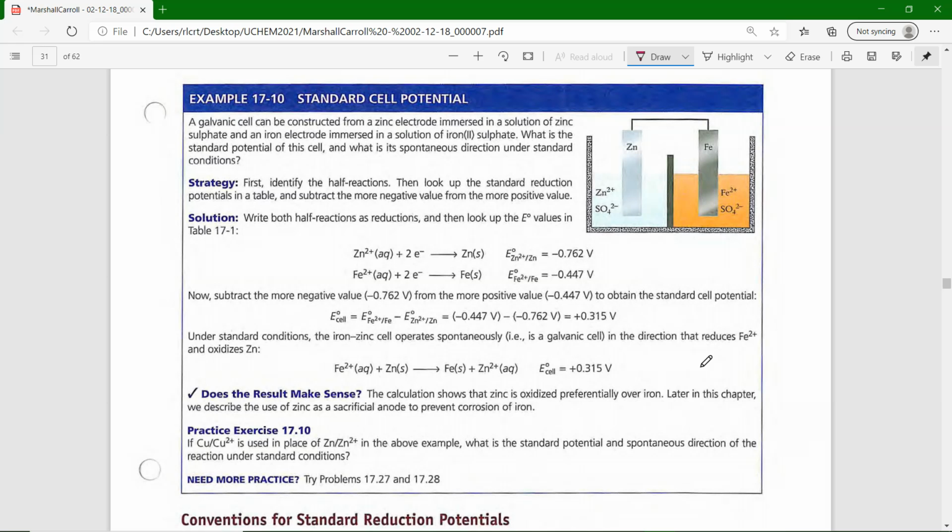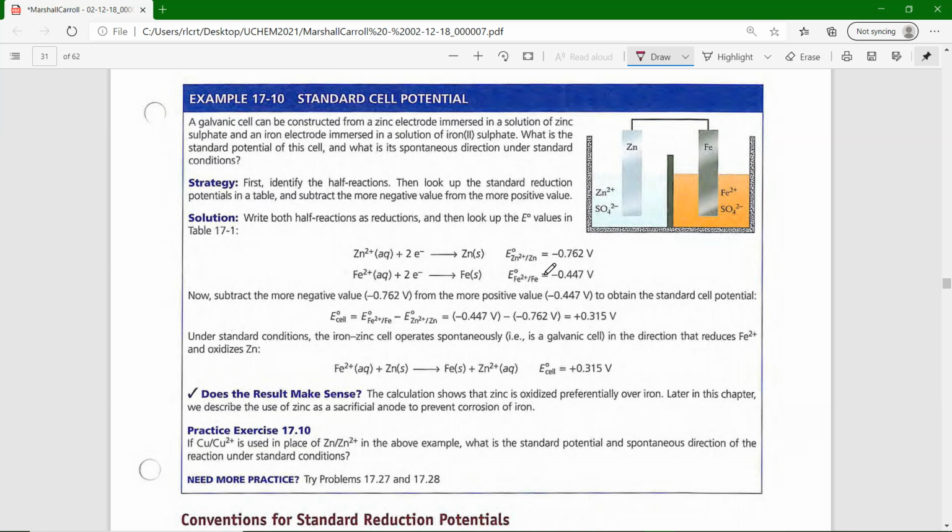Here we go. A galvanic cell can be constructed from a zinc electrode immersed in a solution of zinc sulfate and an iron electrode immersed in a solution of iron 2 sulfate. Okay, fine. What's the standard potential of the cell, and what is the spontaneous direction?